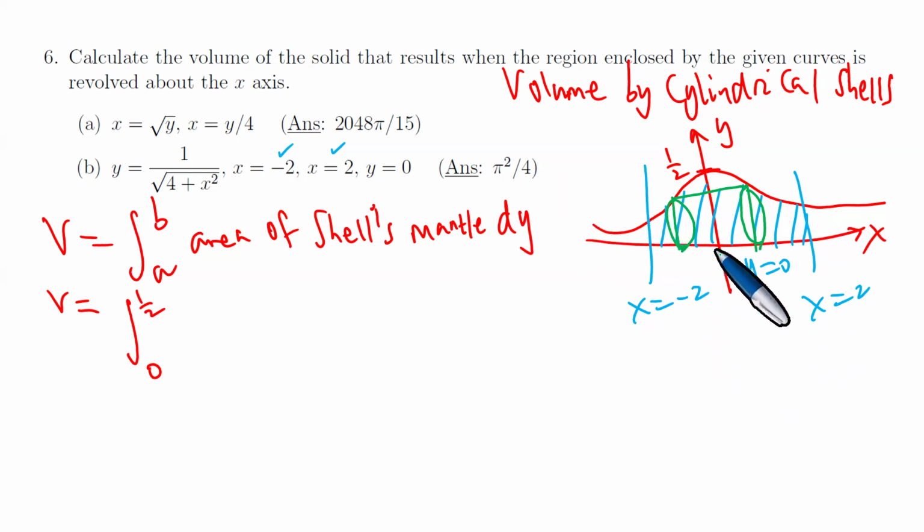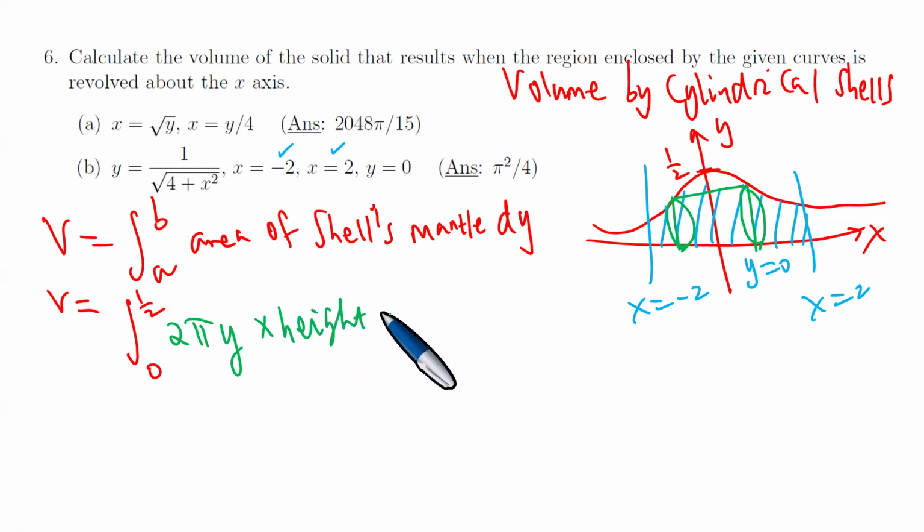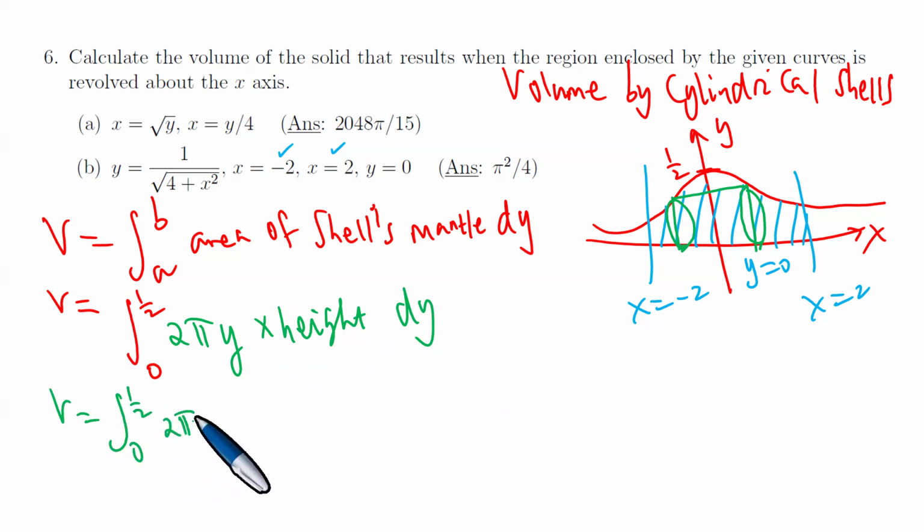Okay, but now there are a couple of things you need to consider when you do the shells. What would be the area of the shell's mantle? The area is going to be 2 pi y multiplied by the height, dy, the volume, 0 to 1/2, 2 pi y.